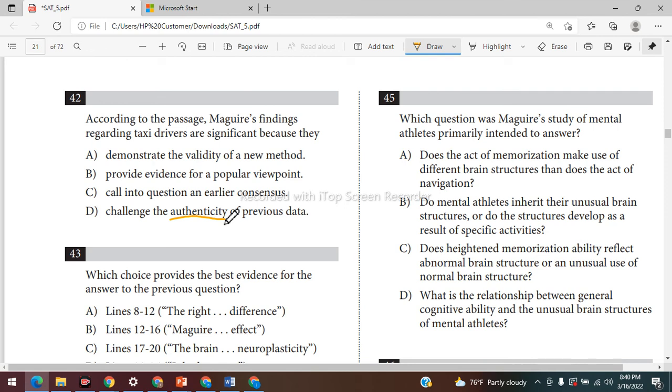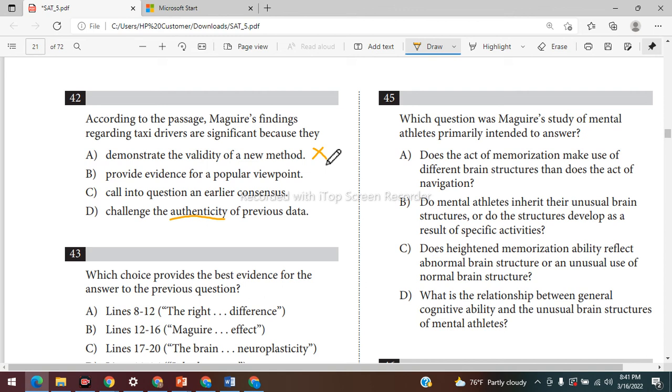Does her finding about the taxi drivers then demonstrate the validity of a new method? No, because she didn't. Anyway, let me not give you all the answers. What do you think it is? D?